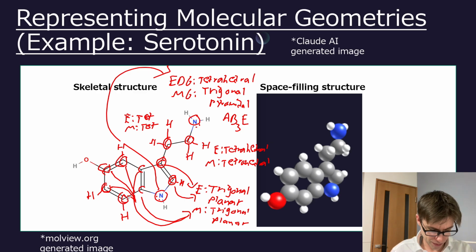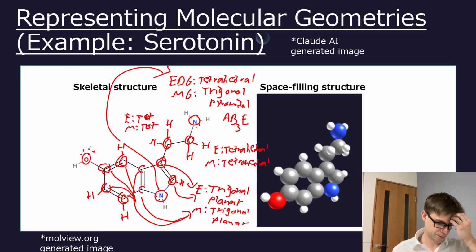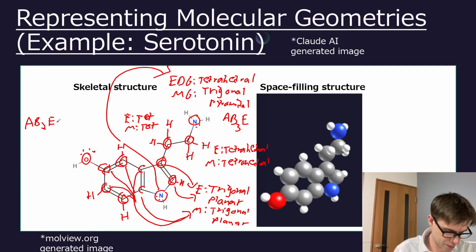Alright, what's left? There's an oxygen here on the left. Does this have any lone pairs? Oh yes, so it's forming 2 bonds as usual. That means it has 2 lone pairs. So this is going to be something E2, right? It's got 2 bonding domains as well. So that's AB2E2.